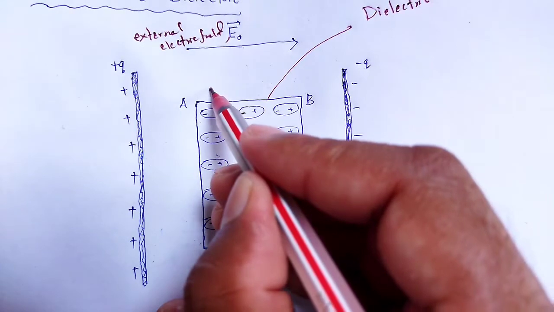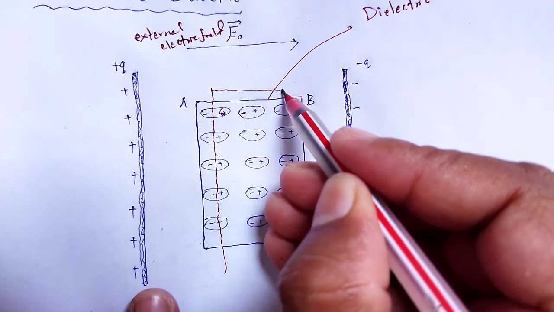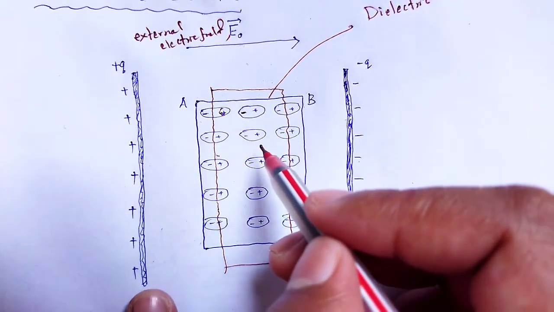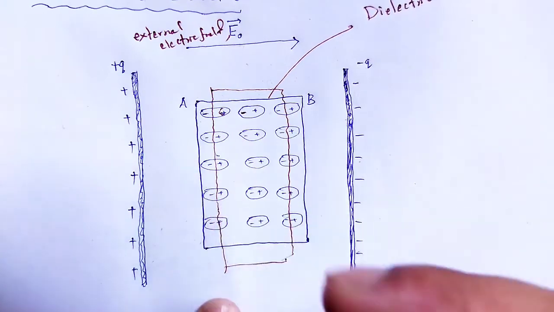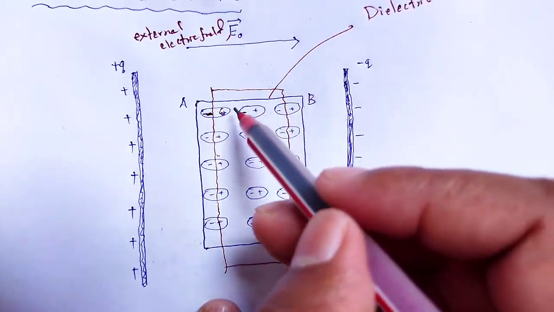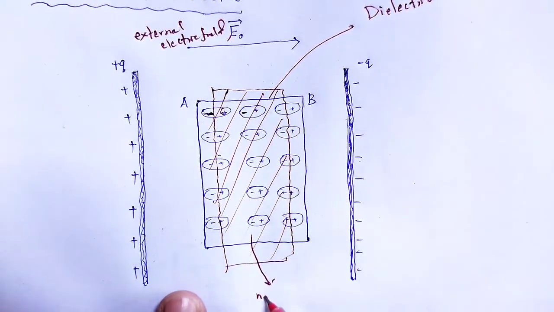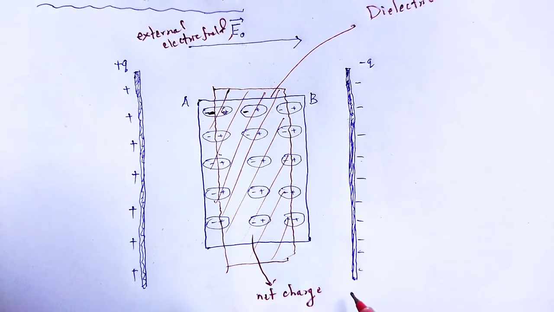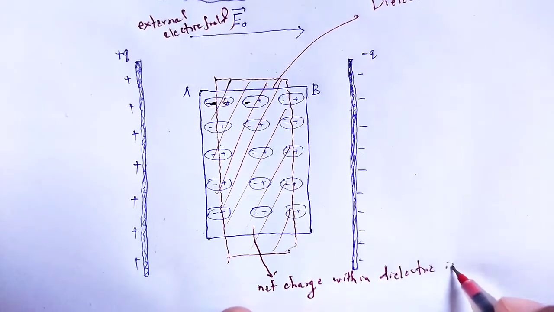Hence the net charge, look at that figure, within the dielectric is 0 except near the surface of the dielectric. At the surface of the dielectric, negative charge develops at one end and positive charge at the other end, but the net charge within the dielectric is 0.